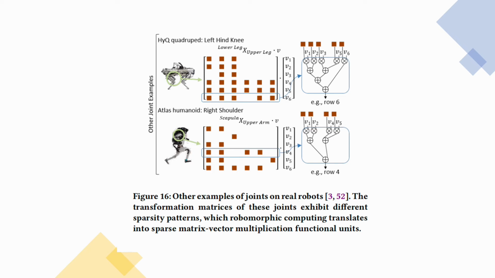Their transformation matrices have a sparsity pattern, and by using robomorphic computing, those sparsity patterns directly program the structure of a sparse matrix-vector multiplication unit by pruning into a tree of multipliers and adders. And we have examples over here in the picture by using row 6 and row 5.